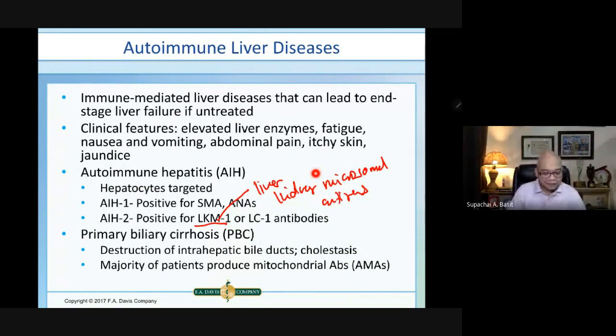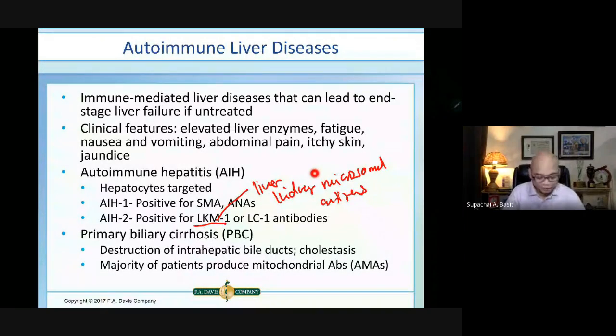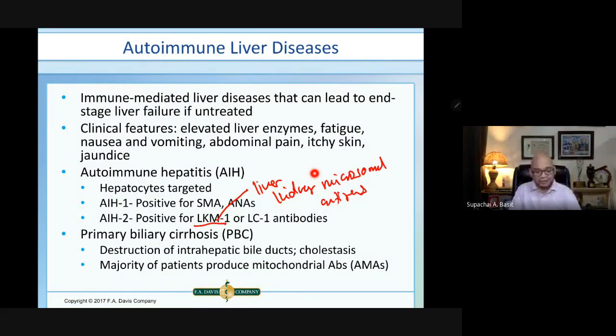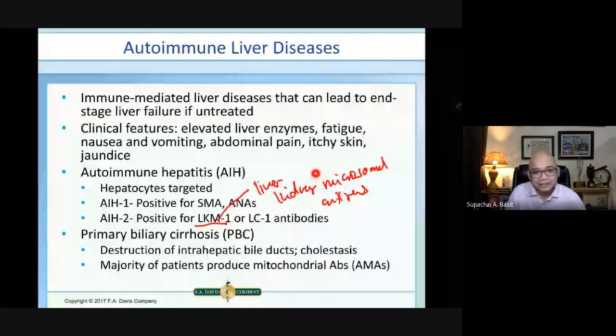Okay. And then we also have the primary biliary cirrhosis. So it's another example of autoimmune disease characterized by the destruction of intrahepatic bile ducts known as cholestasis. So majority of the patients this time will produce antimitochondrial antibodies.